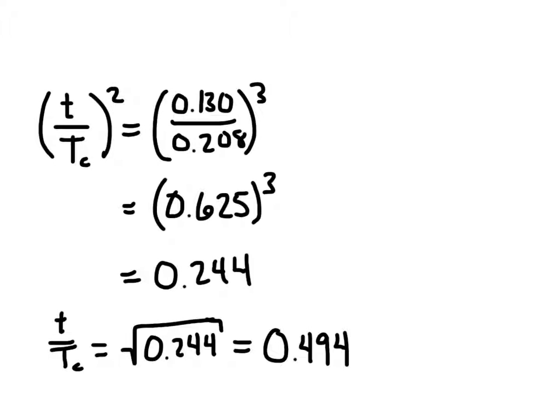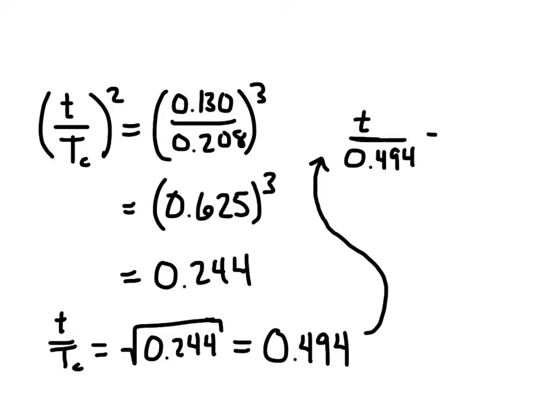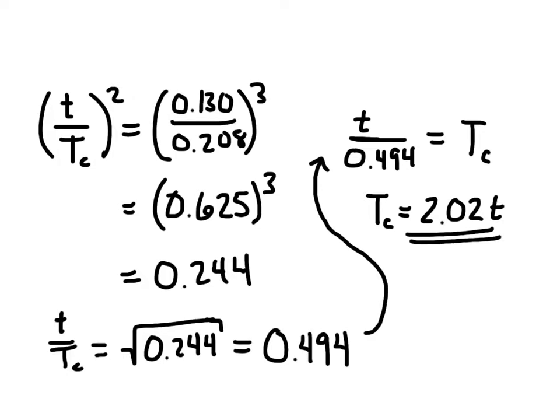So if I do a little mathematical swapperoo here, I'm going to end up with t divided by 0.494 is equal to the orbital period of planet C. What's 1 divided by 0.494? Well, it turns out to be 2.02.